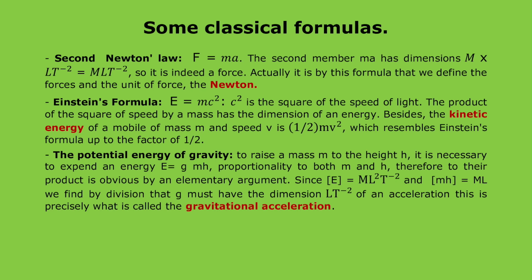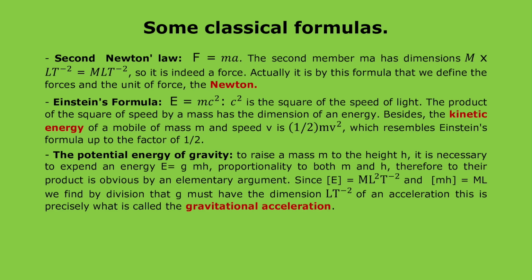Since the dimension of E equals M L^2 T^-2, and the dimension of m h equals M L, we find by division that g must have the dimension L T^-2 of an acceleration. This is precisely what is called the gravitational acceleration.